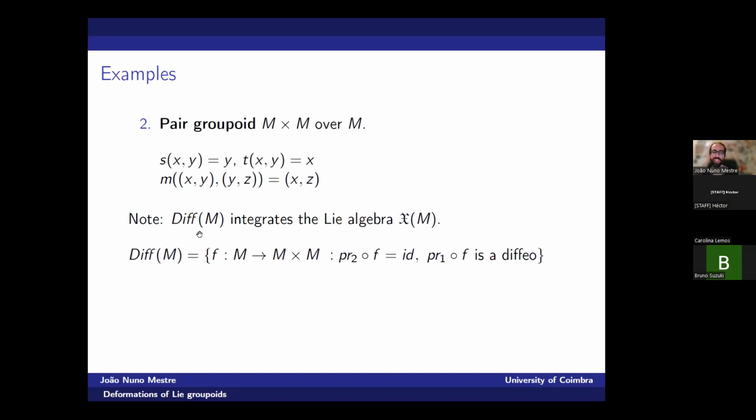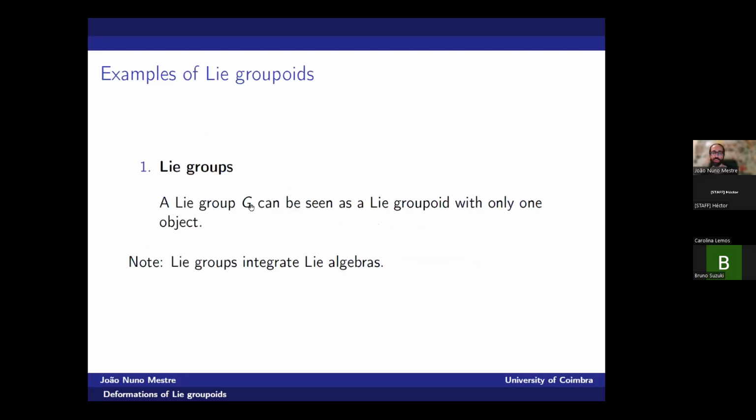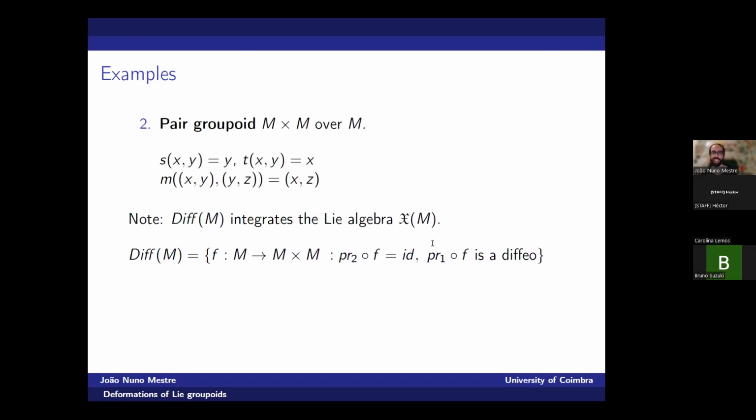And one way we can describe the diffeomorphisms of M are as functions from M to the pair of M, so the space of objects to the space of arrows of this pair groupoid, such that they are sections of one of the projections. And if we compose with the other projection, we obtain a diffeomorphism. So for this, just like for the Lie group, we have an integration of a certain infinitesimal object, which is the Lie algebra.